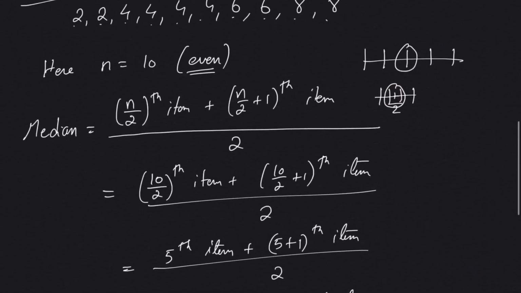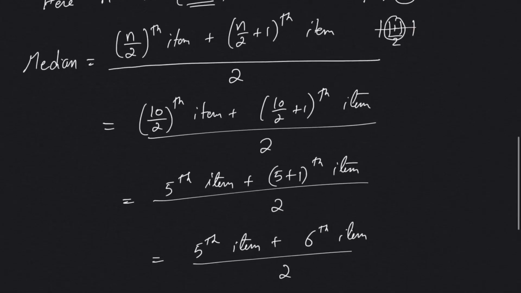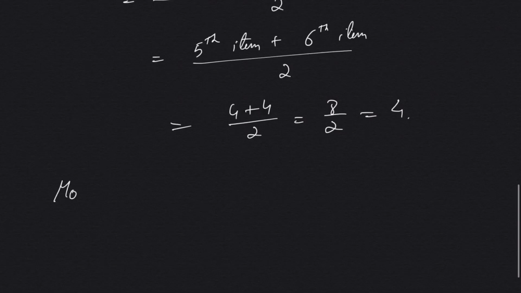Counting first, second, third, fourth, 5th item is 4 and the 6th item is 4, so that will be 8 by 2, which gives us 4.